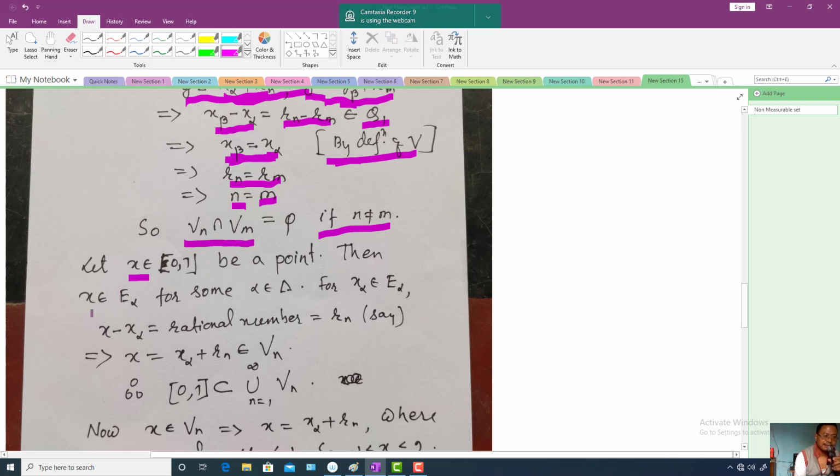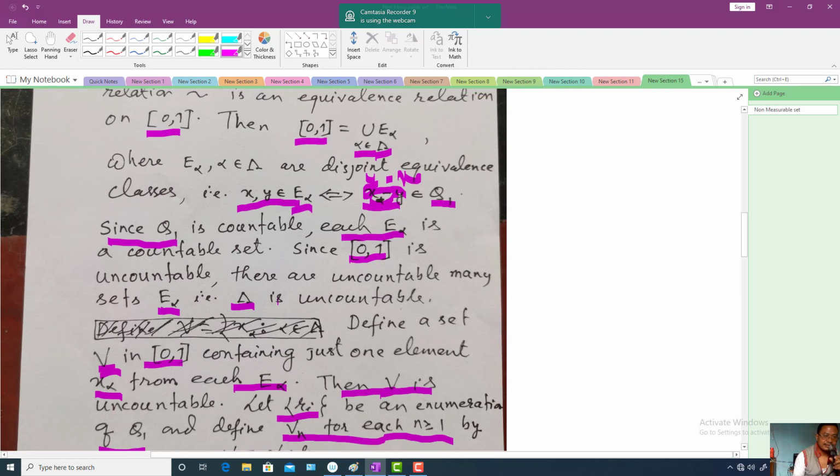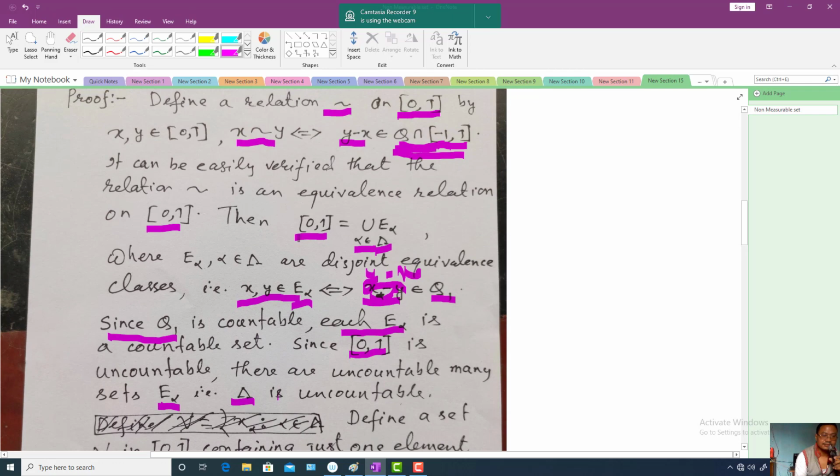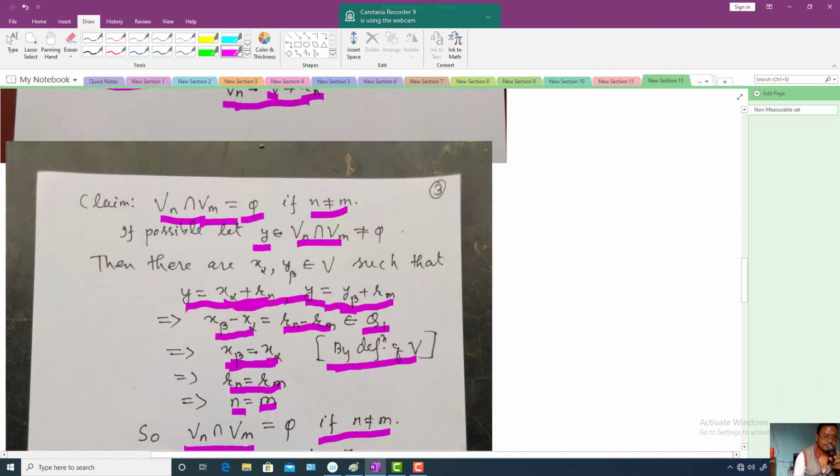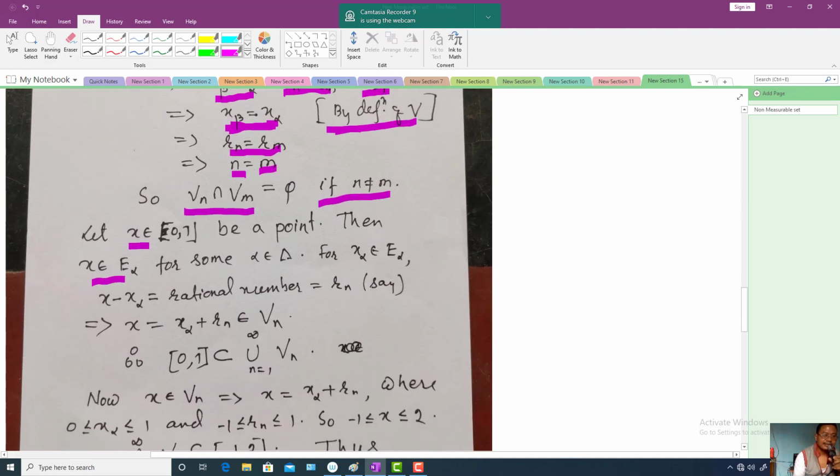So x must be a member of some E alpha, because in the earlier result, 0, 1 is equal to this union of disjoint sets. So if you take one member from here, then that member must be in some E alpha. So x is a member of E alpha for some alpha.